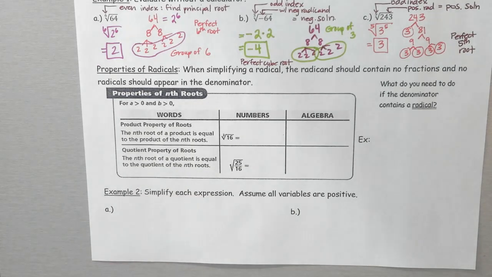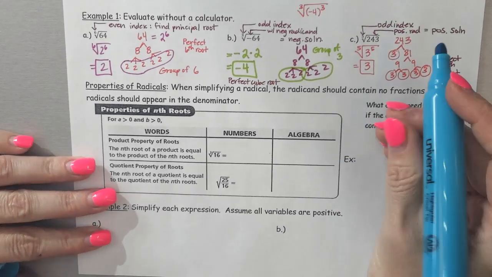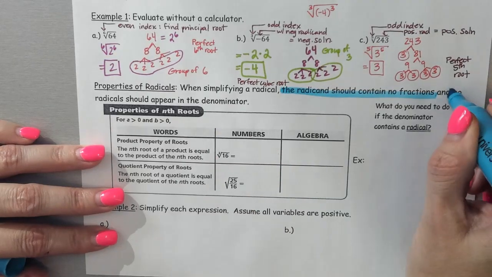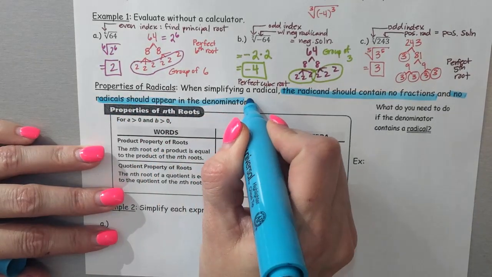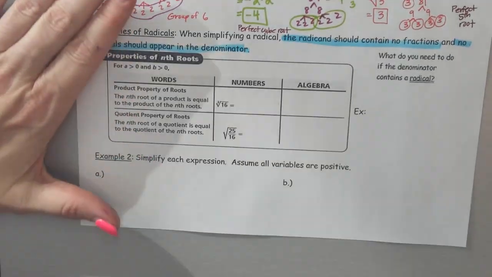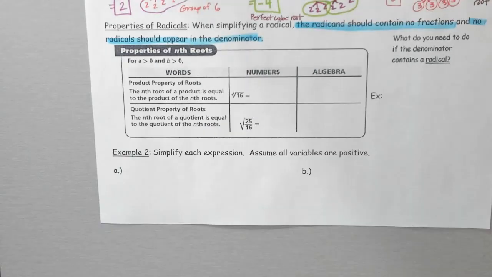So with your properties of radicals, when you are simplifying, that value underneath should contain no fractions, and no radicals should appear in the denominator. So we're going to use 2 properties to help us with this.